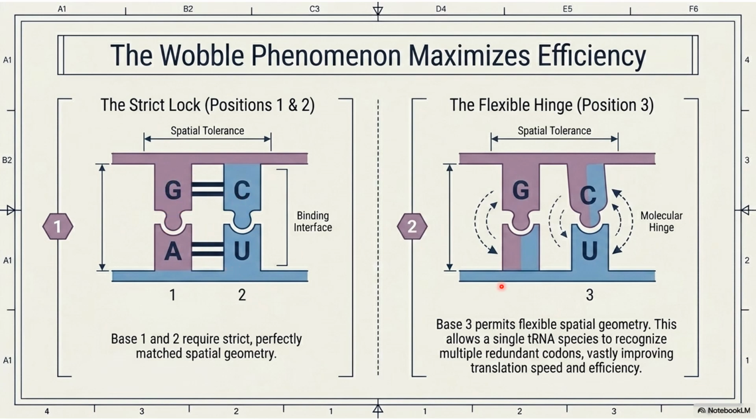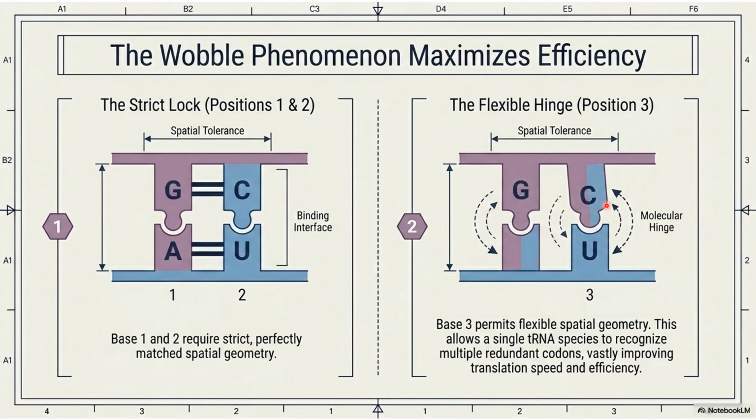Whereas the third base permits a spatial tolerance. There will be a flexible spatial geometry, so it acts as a molecular hinge. It can rotate and it can have varied base pairing. So either C can pair here or it can pair here.